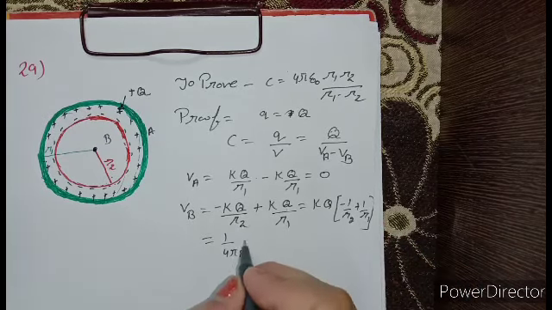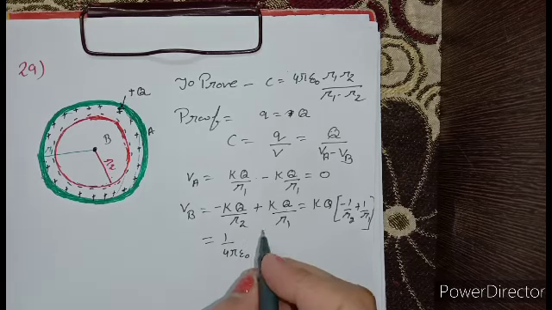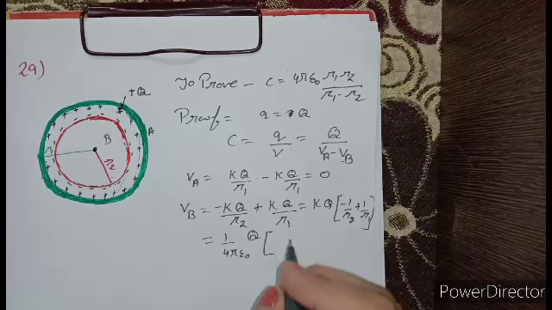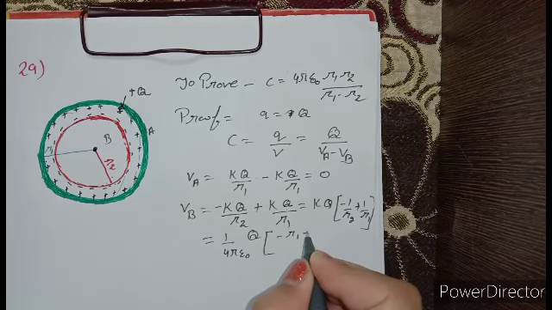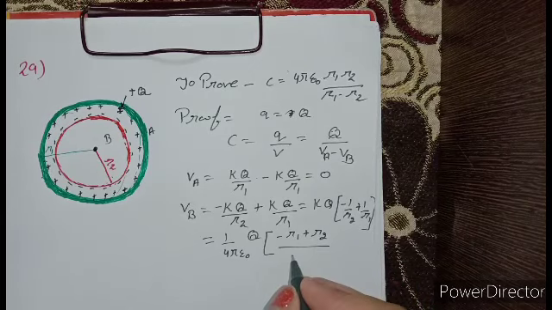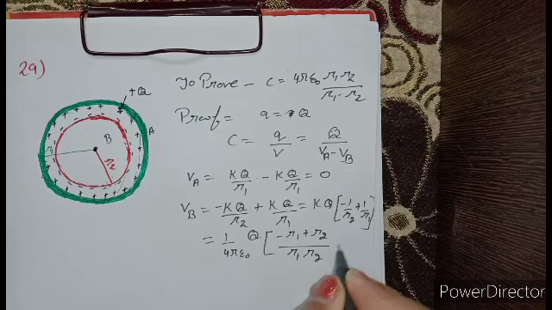Okay, so here we have 1 upon 4 pi epsilon naught into Q, and this will become minus R1 plus R2 divided by R1 into R2.